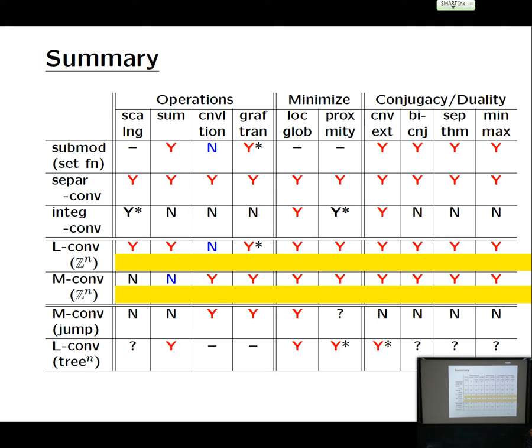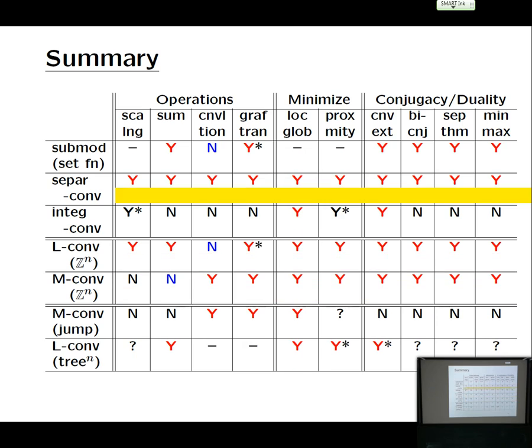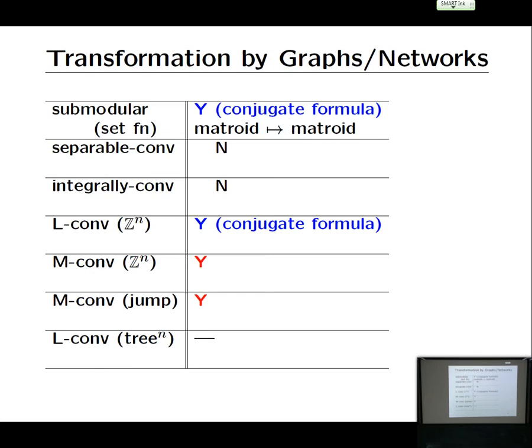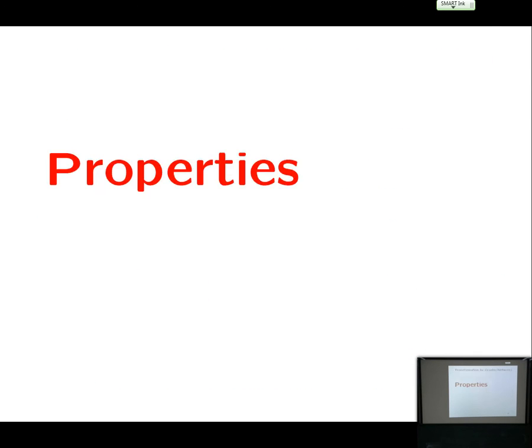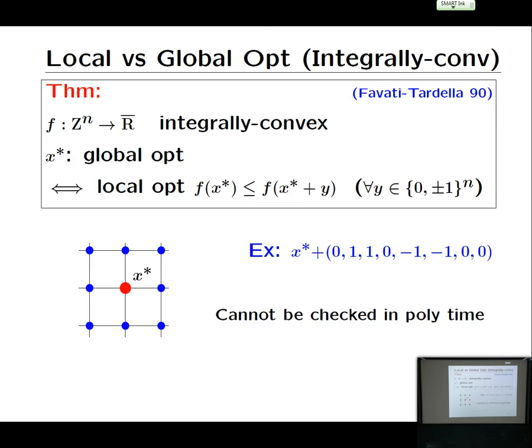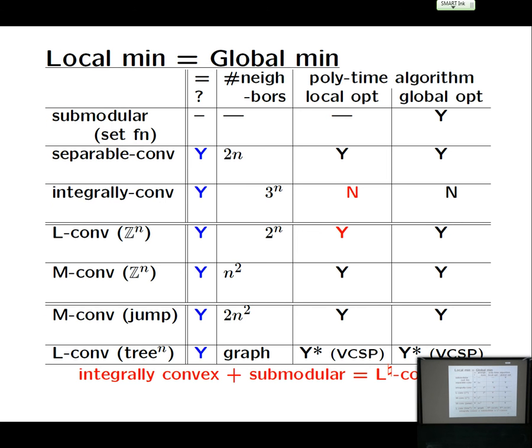So what about optimization? Can you find the global minimum? Okay, so you ask about algorithms. I showed the slide for minimization here, and at the end we have this.